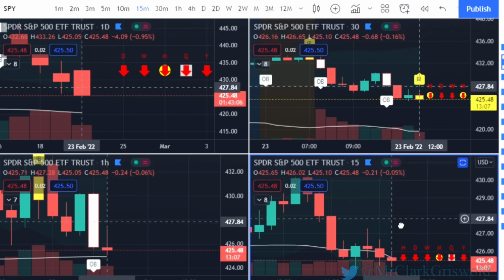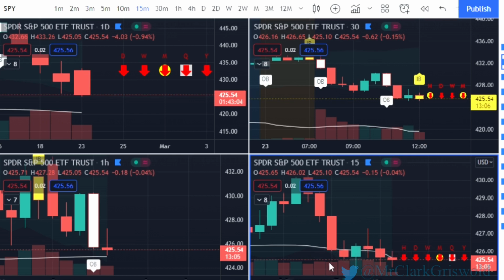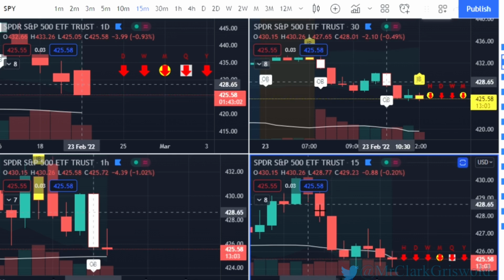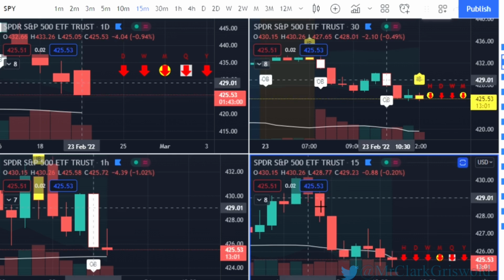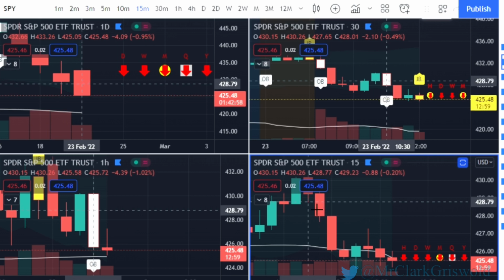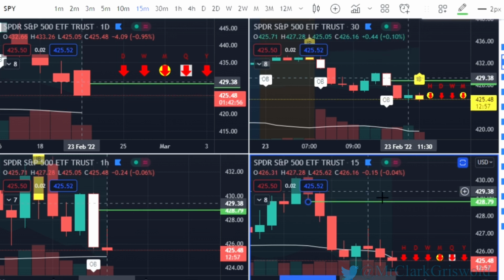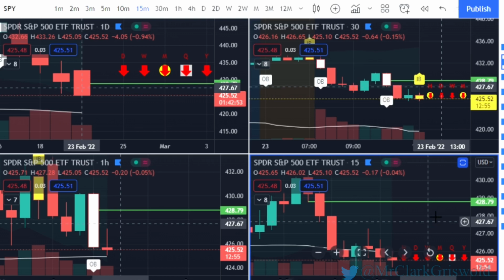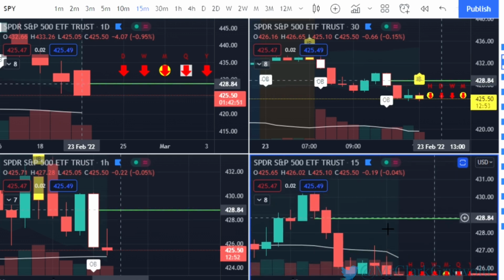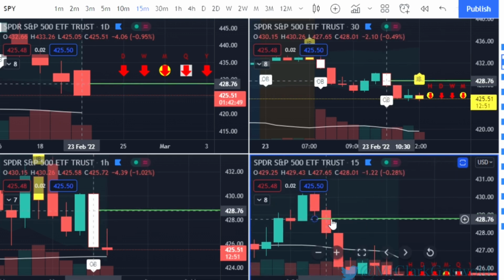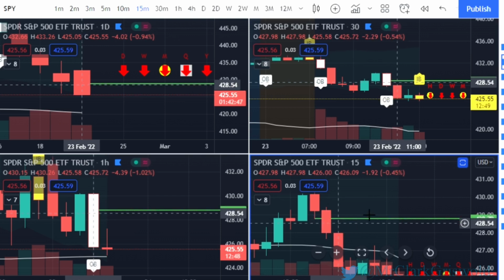So I'm just going to draw some lines here to show you guys where I got in. This was the candle we were looking for. When that candle closed, that was my trigger to the downside on the reversal. And we hit it on this candle right here, and we were in the play.